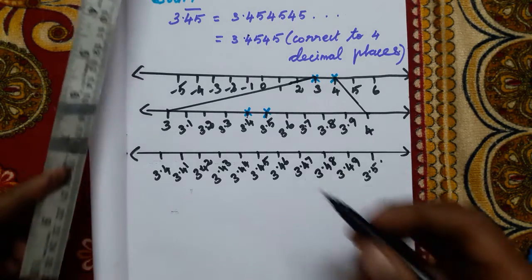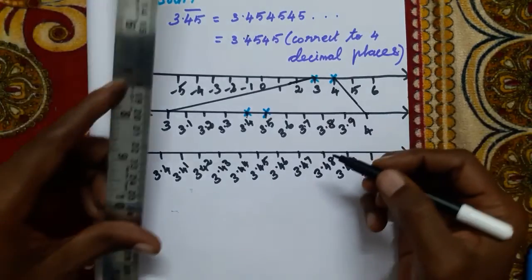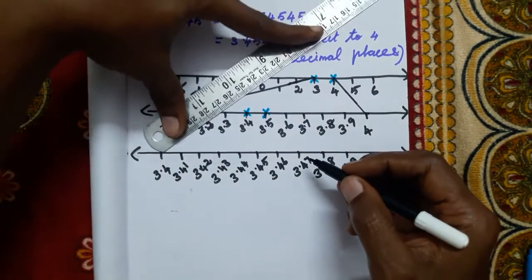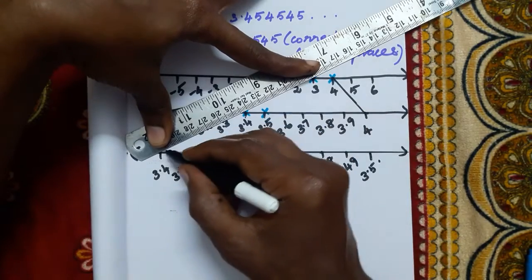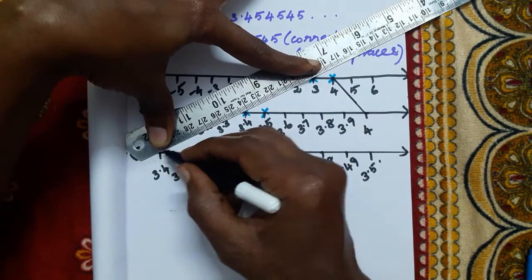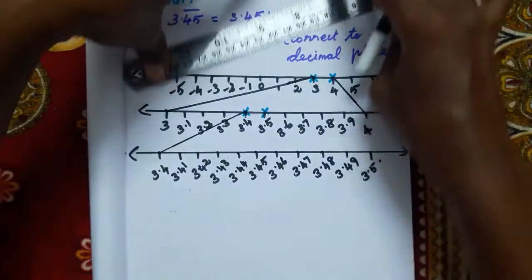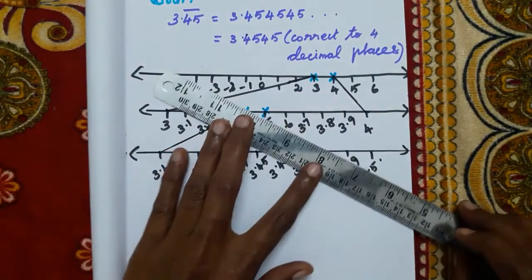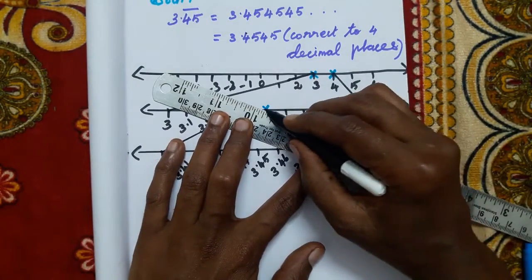Now what do we have to do? Join 3.4 to 3.4, and 3.5 to 3.5.